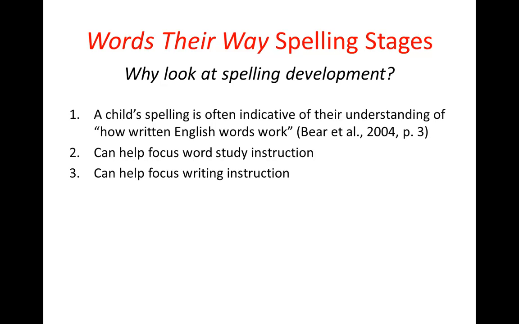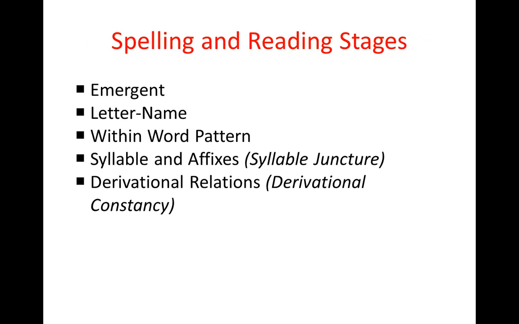They understand the way that written English words work by their patterns, etc. And so they're more willing to spell them in their writing and less frustrated when it comes time to write. So we consider all three of these things as reasons to look at spelling development.